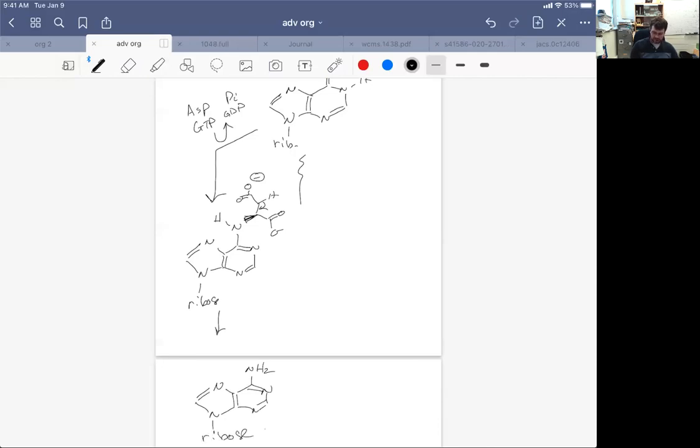So this is now adenosine. So there's our A.